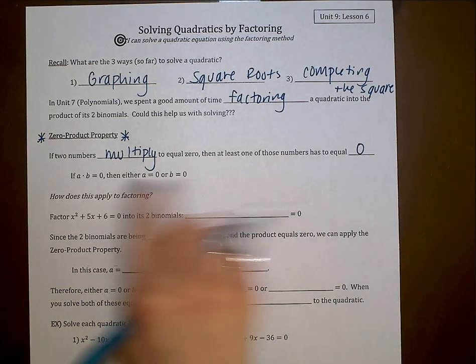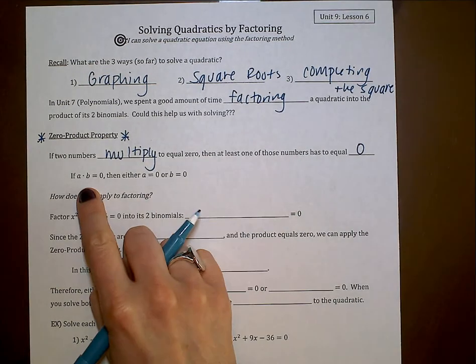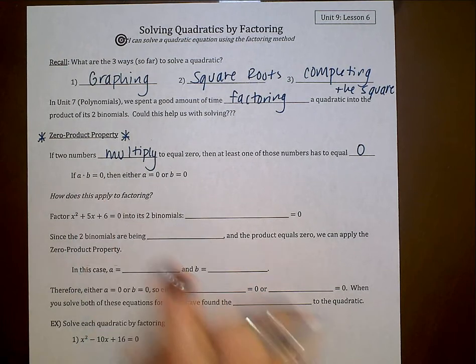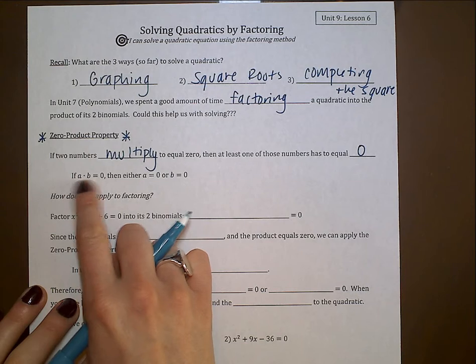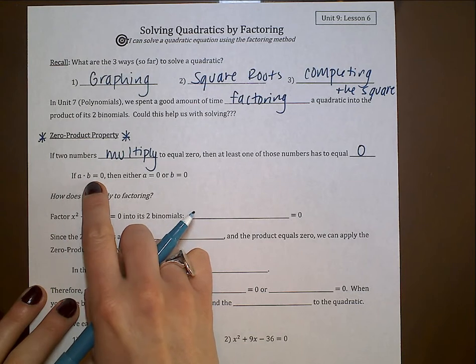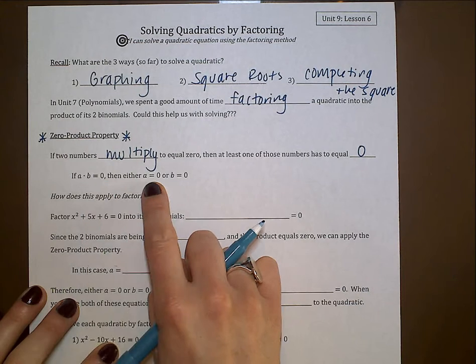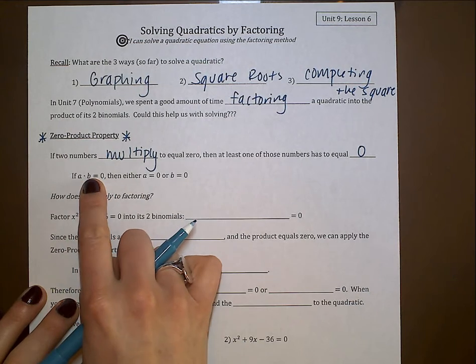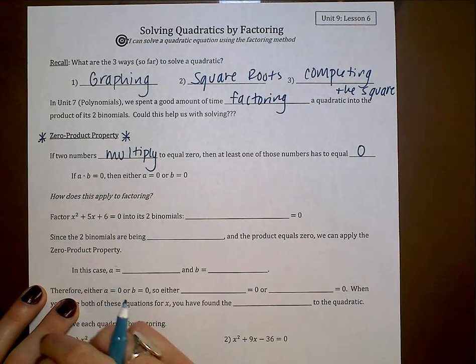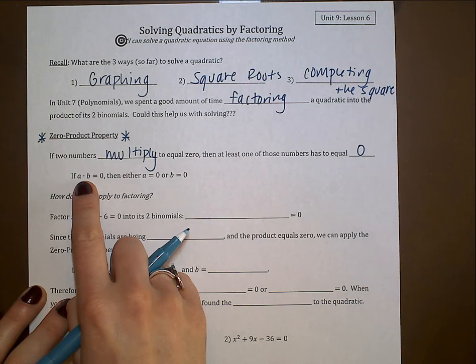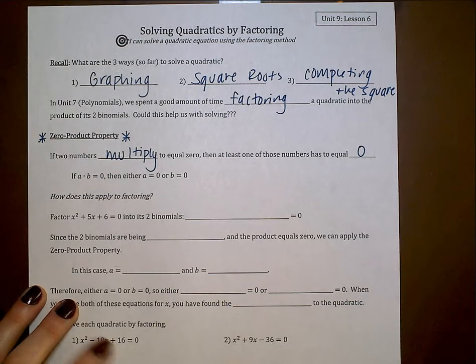You already know we get mathy when we write a generic formula using A and B here, but we're saying if I've got 2 numbers, A and B, and I multiply them, A times B, and I get 0, then that means either A equals 0 or B equals 0. If you're multiplying stuff and it's equaling 0, one of those 2 things has to equal 0. Okay, so that's called the zero product property.